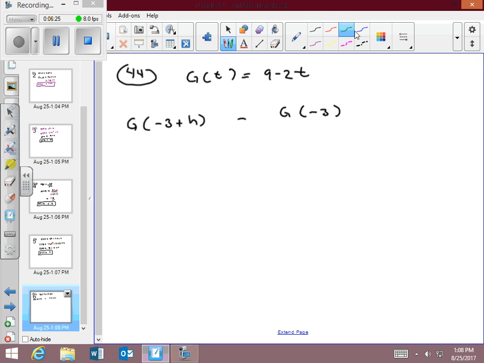Now I'm going to add some brackets here so that we do it right. It's G of minus 3 plus h, minus G of minus 3. So we're going to take the G function and evaluate this one first. So wherever there's a t up here, we're going to put minus 3 plus h.